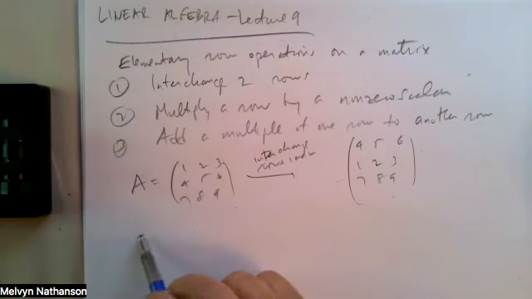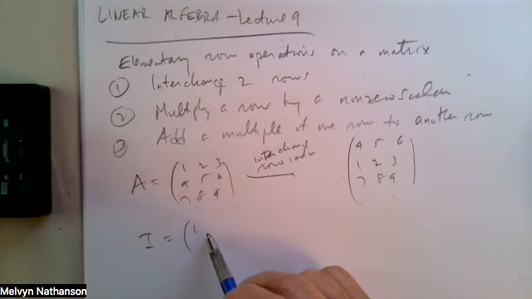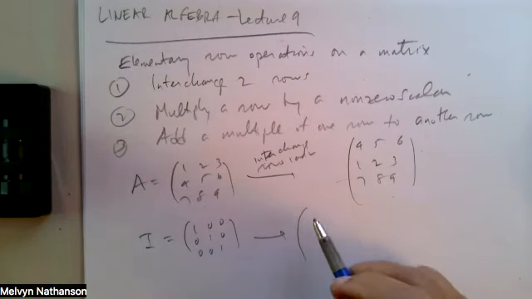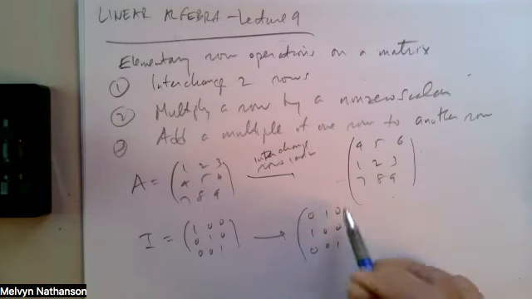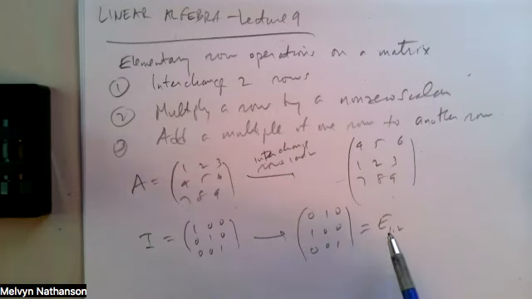So suppose I take the identity matrix I, 1, 0, 0. This is a 3 by 3 identity. And I interchange the first 2 rows. I'll call this matrix E12 for the moment. So this is the matrix I got by interchanging the first 2 rows of the identity matrix.